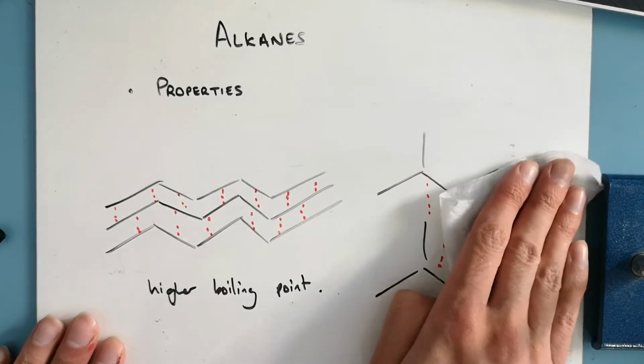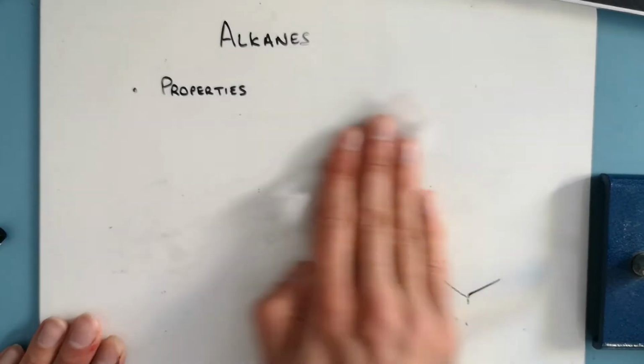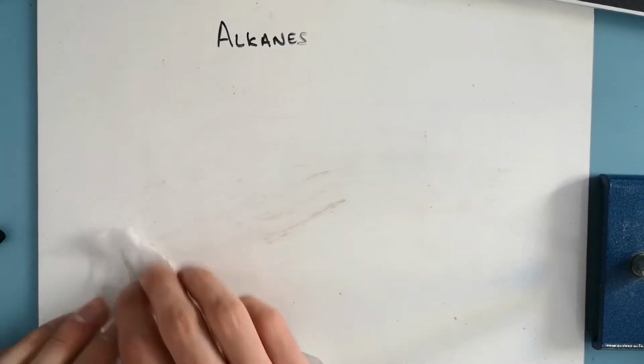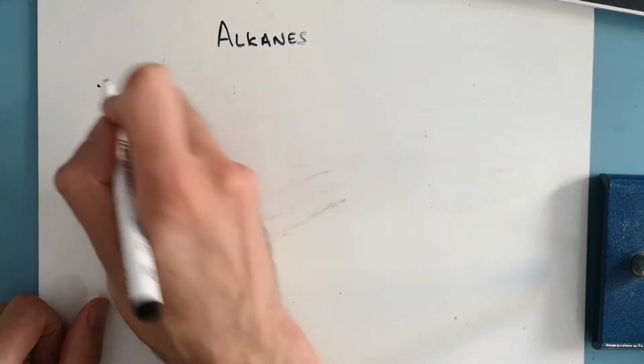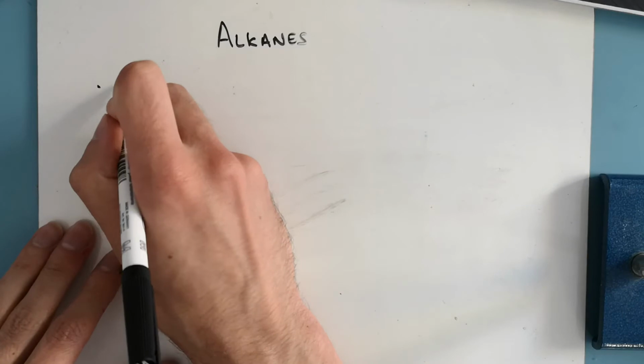Okay, next up, we're going to look at the reactions. So when we looked earlier, we talked about that sigma bond and it being very difficult to break down.